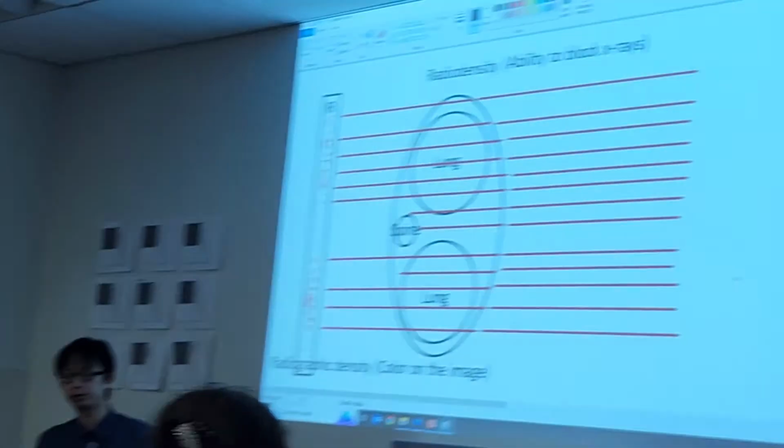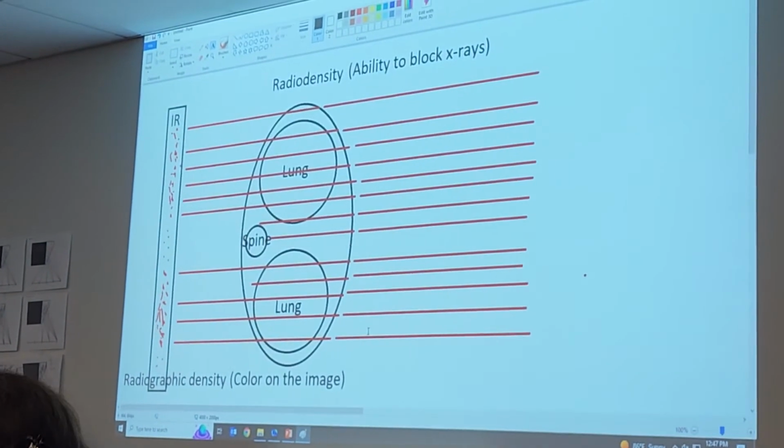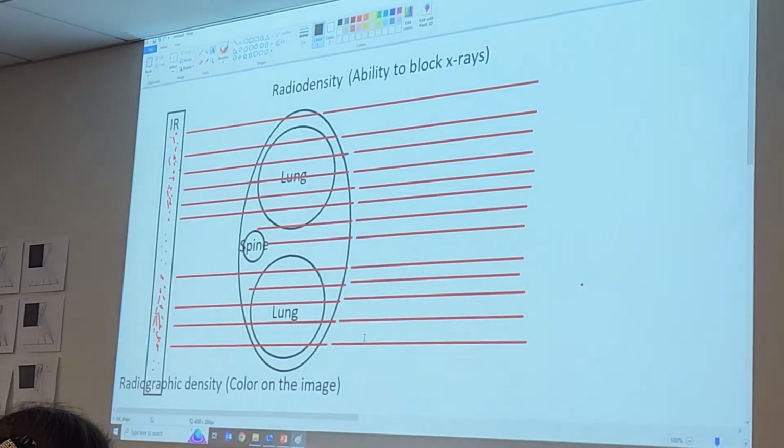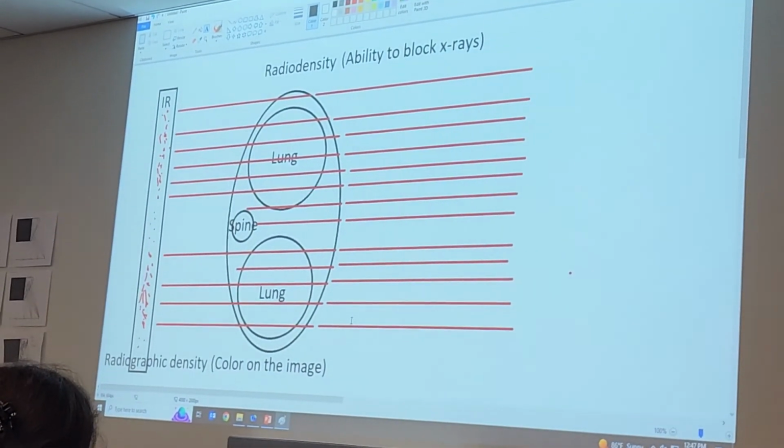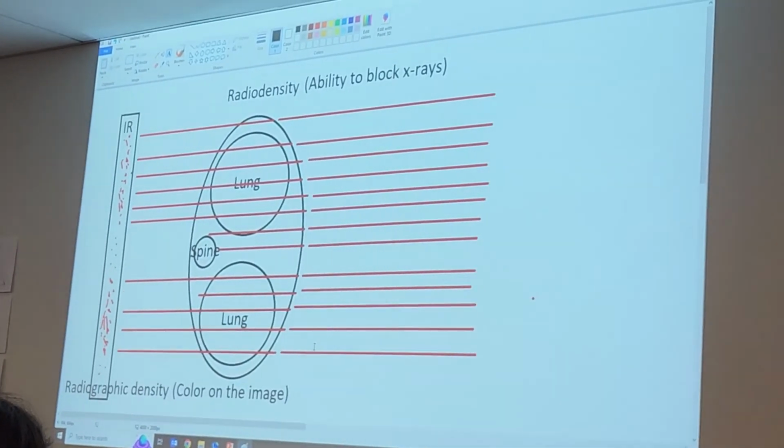On the image, the darker the color, the greater the radiographic density, not radio density.